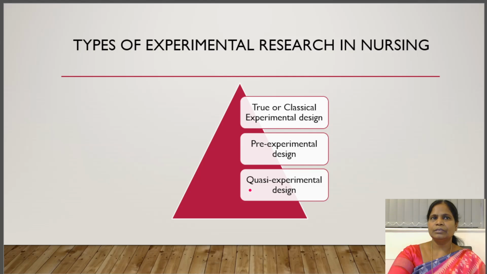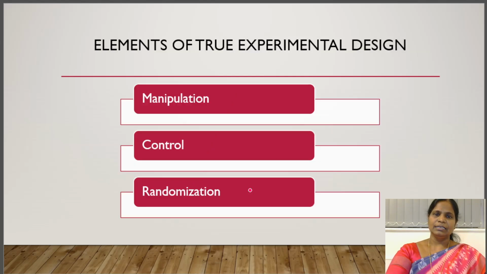Sometimes from true experimental research designs, we get one group pre-test, post-test, or the Solomon group research design. It comes as a 5 marks question. We will go into detail about these research designs.